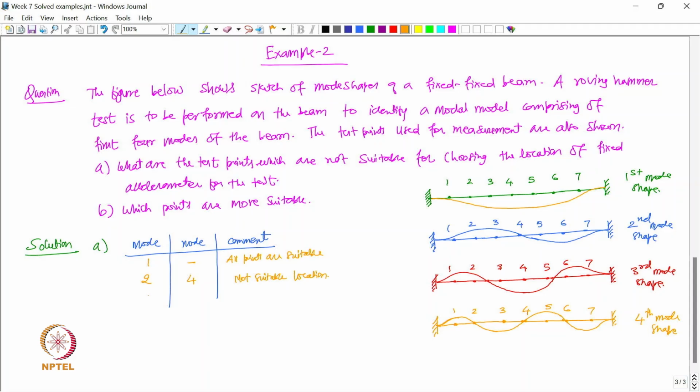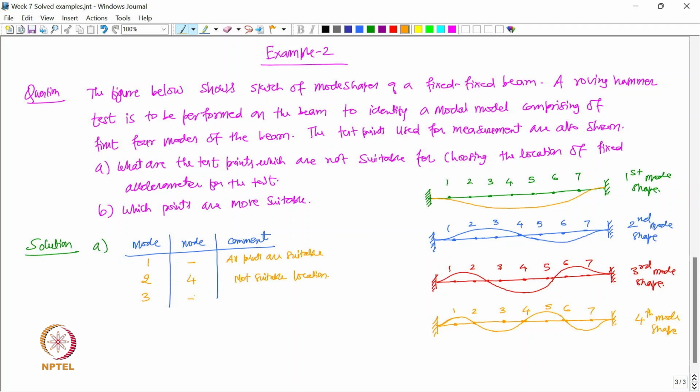Then if I look at mode 3, the nodes do not coincide with the test points, right. This mode has 2 nodes, and those 2 nodes do not coincide with any of the test points.